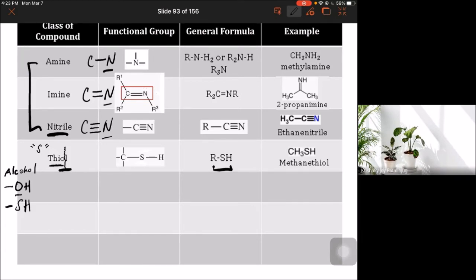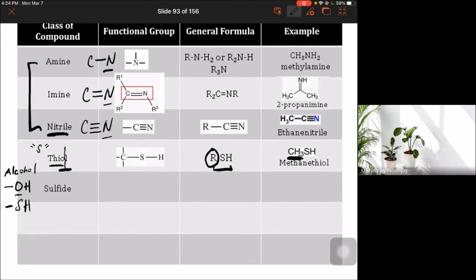In the example, they specify the R group as methyl, making it methane thiol. Do not worry about the name; we will have a separate discussion for naming.